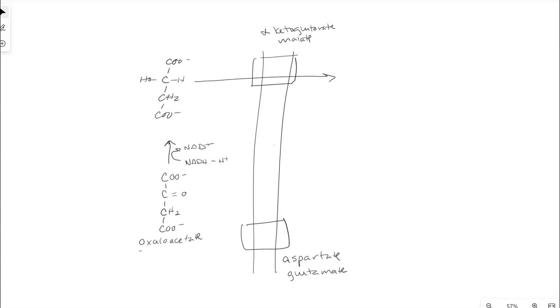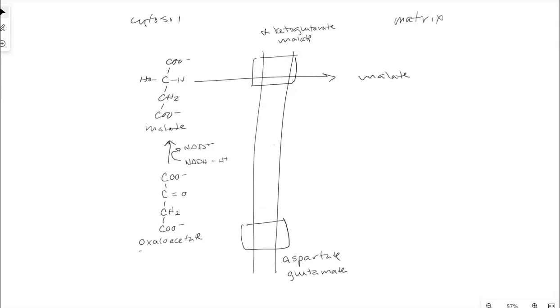from the cytosol side to the matrix using this alpha-ketoglutarate malate shuttle. And so I'm just going to label this. And we'll just call it malate here instead of redrawing it.